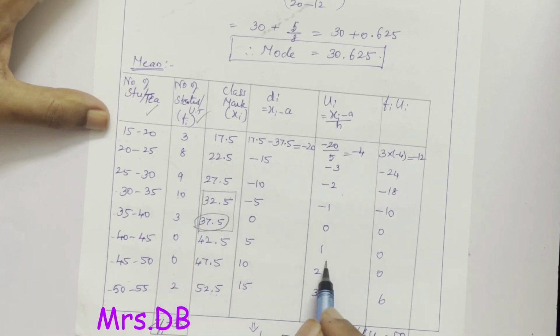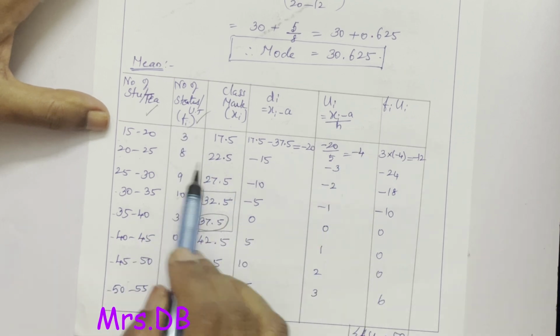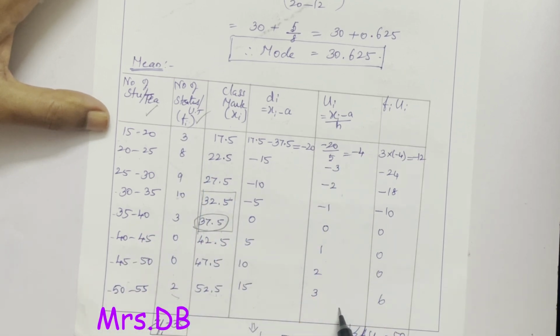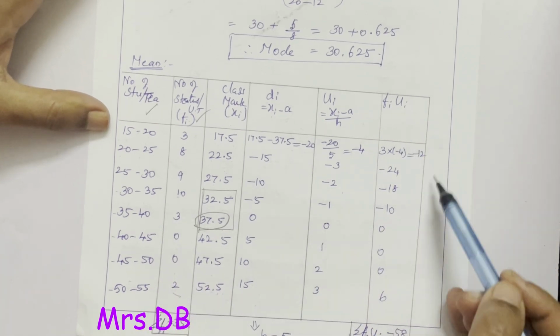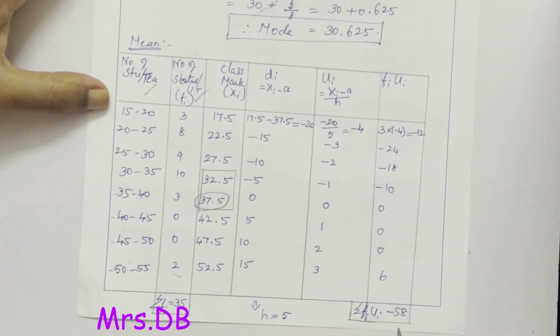Next, Fi Ui. Now you can see, compare these two numbers, Fi and Ui. Ui is very small, so we can multiply these two numbers easily. We found Fi Ui here, added all those numbers, Fi Ui, and added Fi.